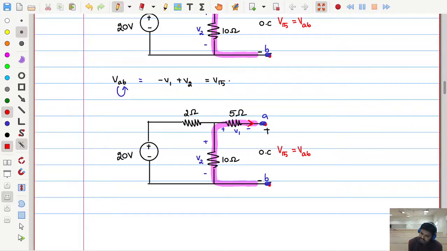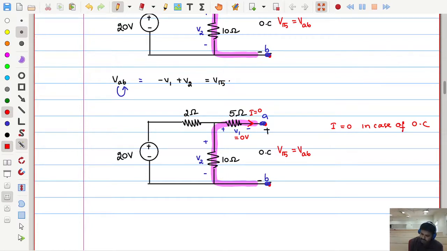We have seen the open circuit and short circuit concepts previously. In open circuit, current is 0. If this current is 0, how much is the voltage across this resistor? Current into resistance is the voltage. So can I say this voltage is 0 volts?